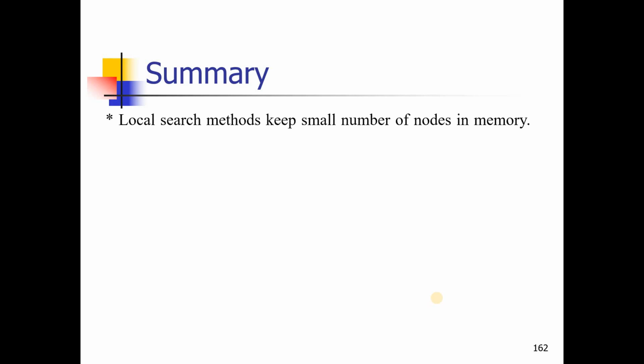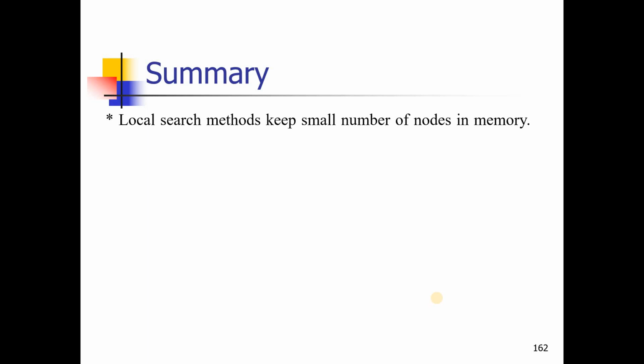So this was overall the chapter on local search based optimization, and then there were population based algorithms for optimization. Local search methods are memory efficient. They only use a small part of memory because they always keep a small number of nodes in memory.